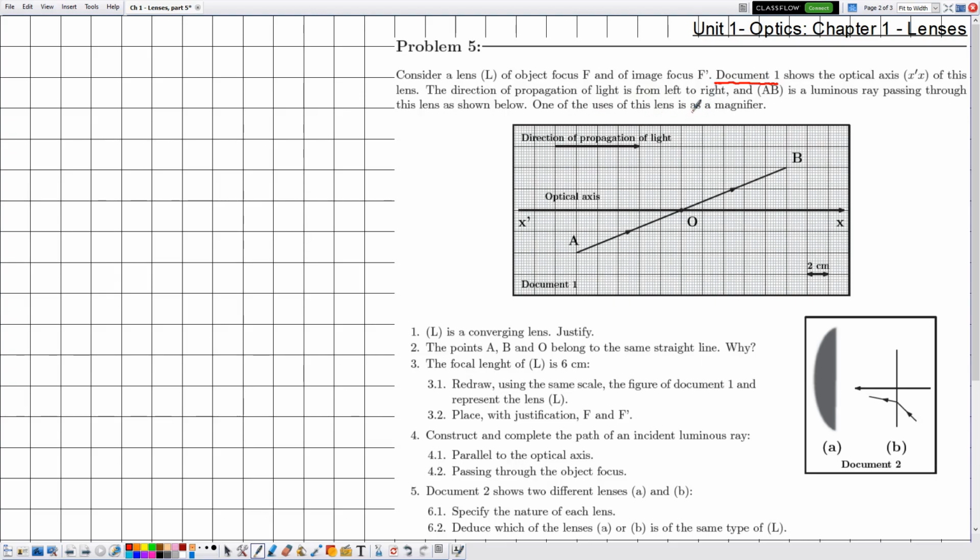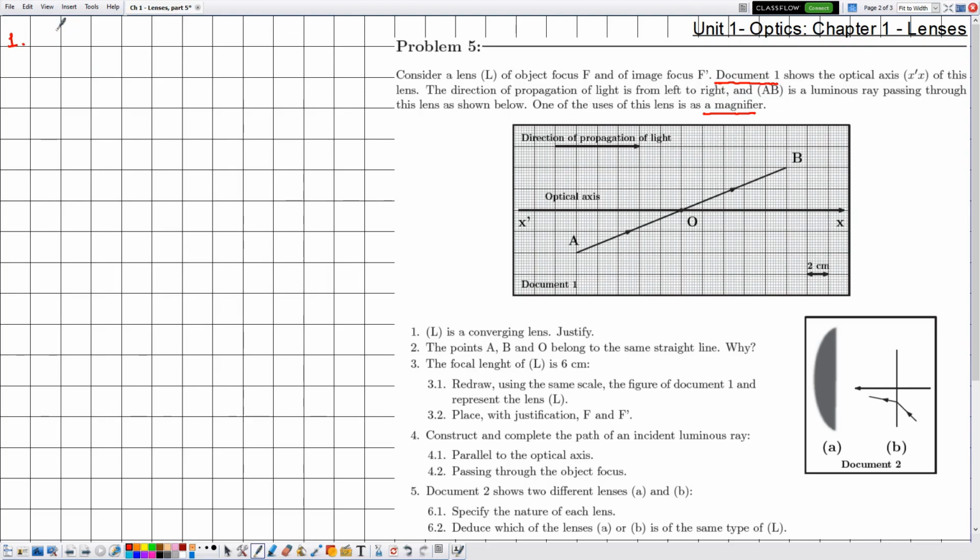Okay, so here we are using the lens as a magnifier, one of the uses. So number 1, they are telling me that L is a converging lens. Justify. So we can always determine the nature of the lens from its use. Here they are telling me that one of the uses of the lens is as a magnifier, and we know that only a converging lens can be used as a magnifier.